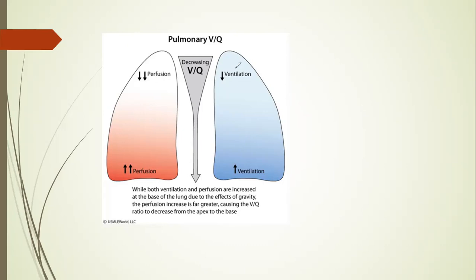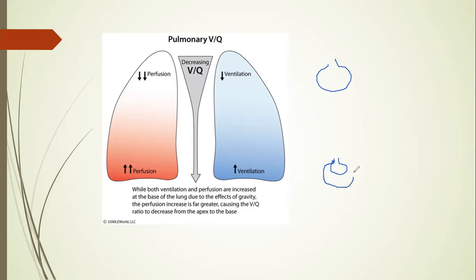Okay, in the apex, the ventilation is low. Why is it low? Because we have large alveoli. With large alveoli, one of the things we have is low surfactants and low expansion. In the base, we have small alveoli, more surfactant, more expansion.